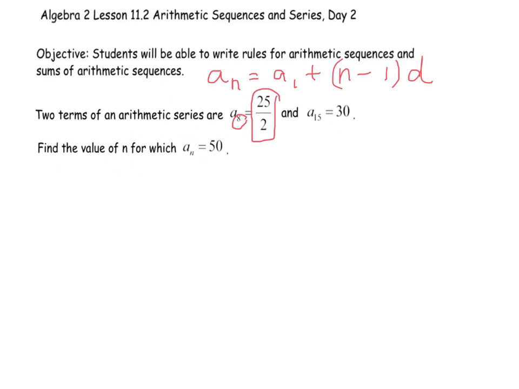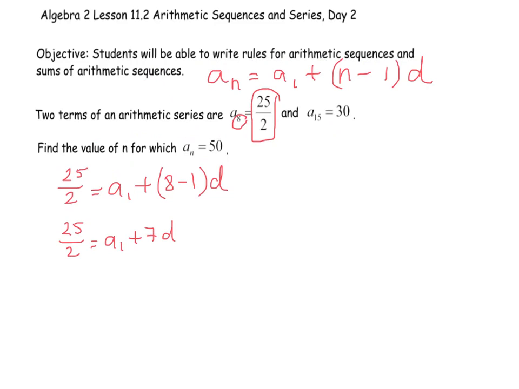So if I substitute, I have 25 over 2, which is my an, equals a1 plus 8 minus 1 times d, the common difference. After simplifying the equation, I get 25 over 2 equals a1 plus 7 times d.